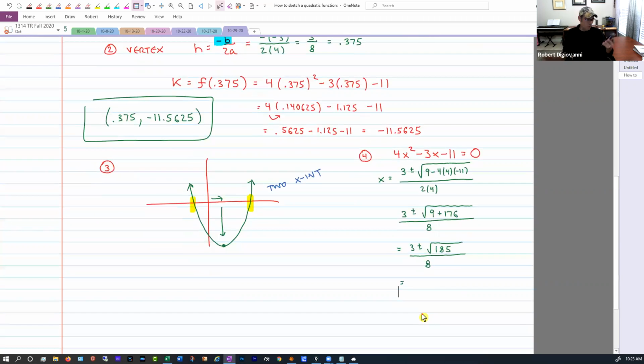Now I'm going to take the square root of 185 on my calculator. I get about 13.6. So 3 plus or minus 13.6, all divided by 8. And then here's where I do my 2 different cases, plus and minus.